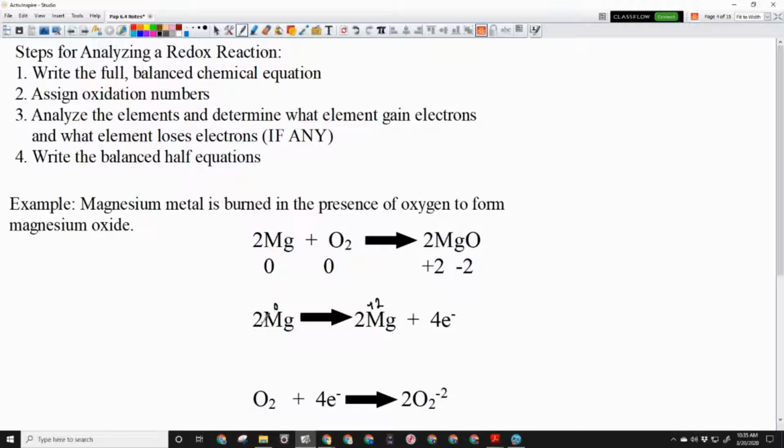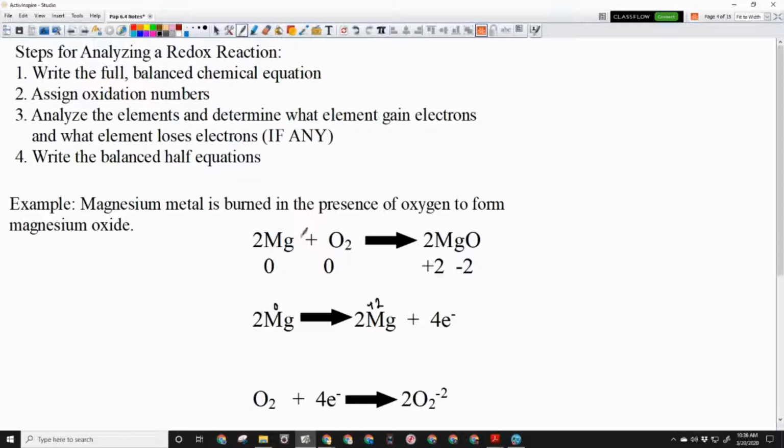Now, since there's 2 atoms of magnesium, we have to multiply the number of electrons by 2. So that's how we get 4 electrons here. So in order to balance these charges here, we have to add 4 electrons. Now, I said that you have to make sure that the electrons balance. So if this is a +2, then we have to take these 2 electrons. They have to be separate, so that's why we added it to this side.